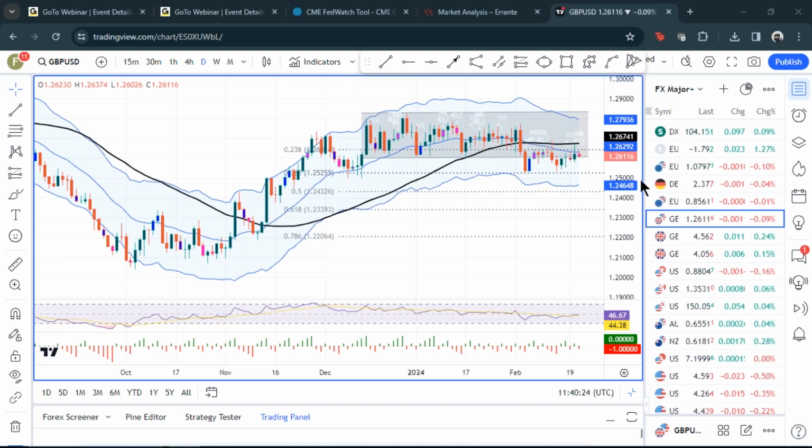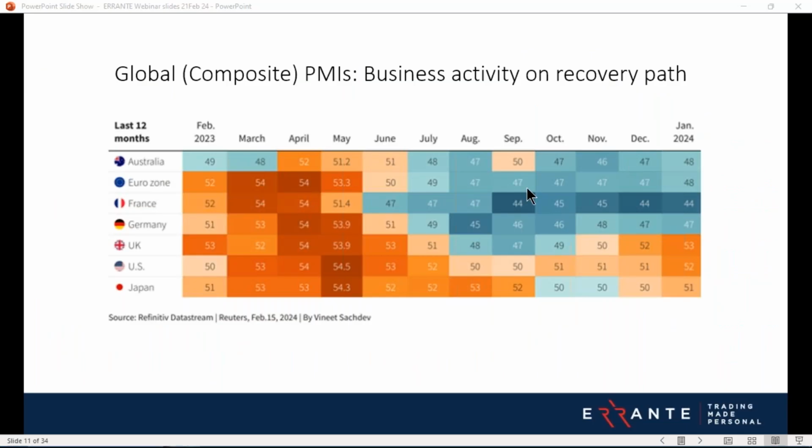Otherwise, let's now go to quite an interesting graphic, which is about the PMI data. This PMI data is basically business surveys for manufacturing and services. It's a leading indicator, so it gives us a good picture of how economies are shaping up. I like this chart, produced by Reuters.